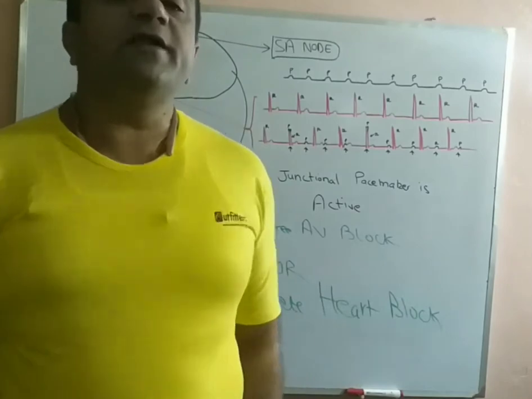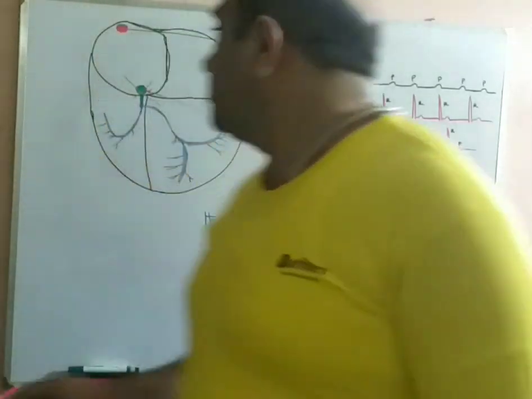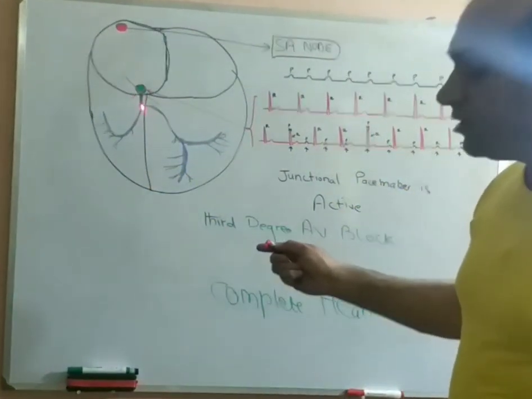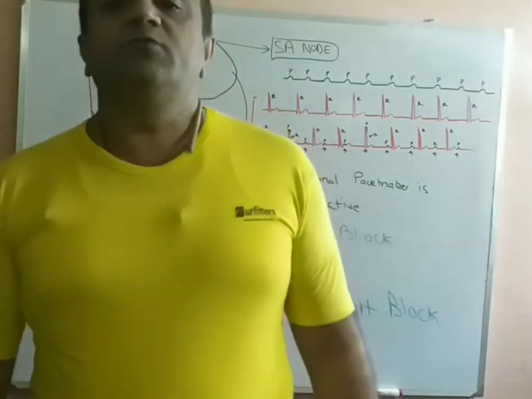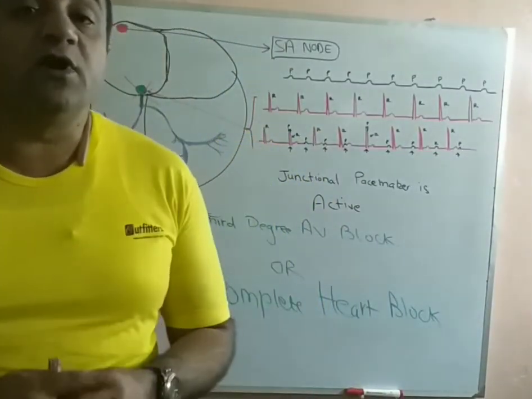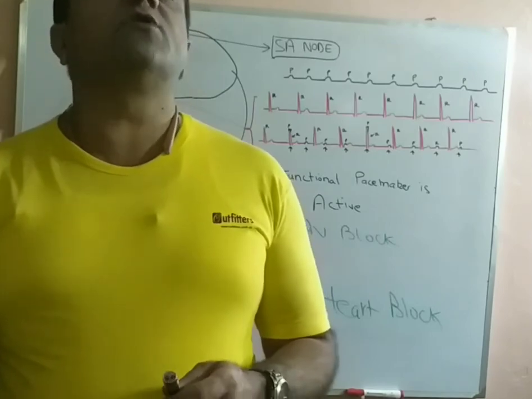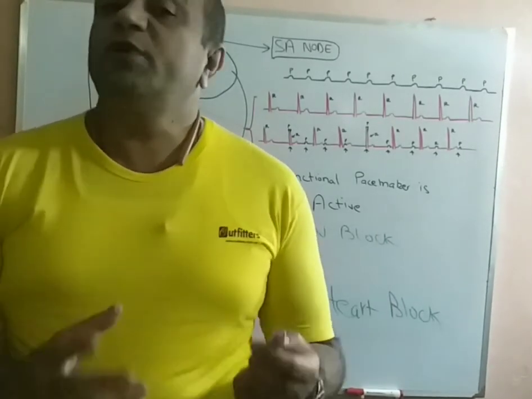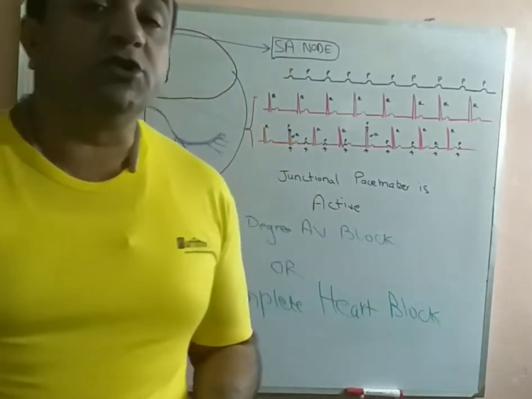Now we will draw another diagram where the blockage will be even at this lower part, the lower part of the AV node and upper part of the bundle of His. So the junctional pacemaker will also be mute, and will not be able to take control of the ventricular depolarization.